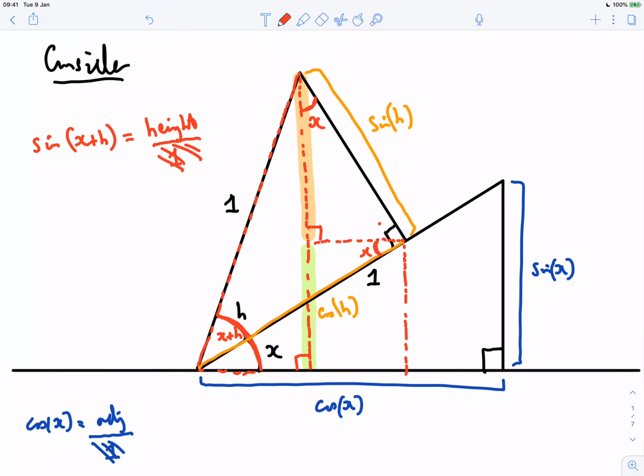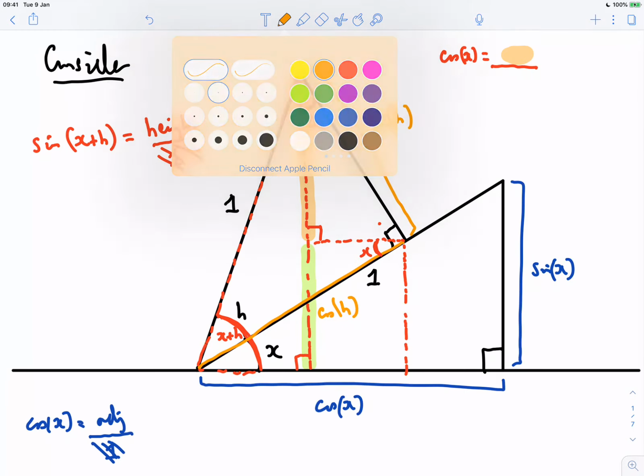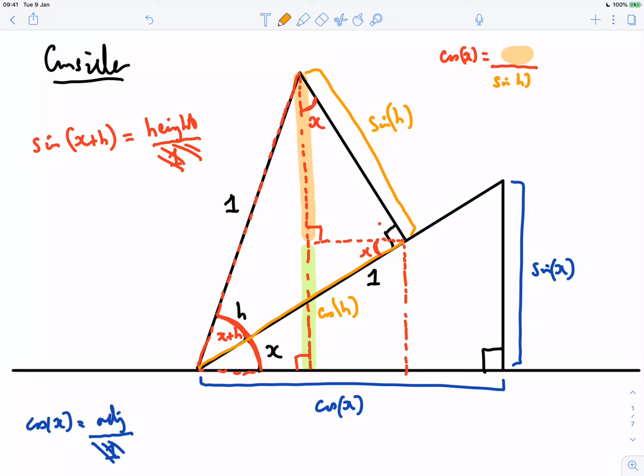Okay? And now if we consider this top triangle here, I want the adjacent, I've got an angle and I've got the hypotenuse. So adjacent over hypotenuse means that cosine of x equals the adjacent, which is the orange bit, over the hypotenuse, which is sine of h.